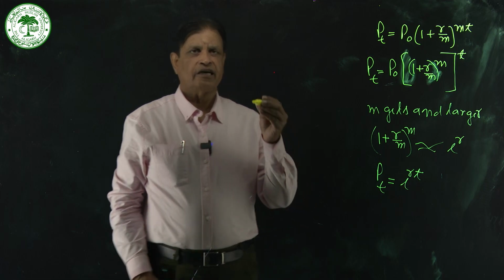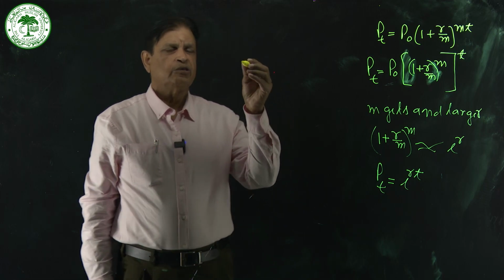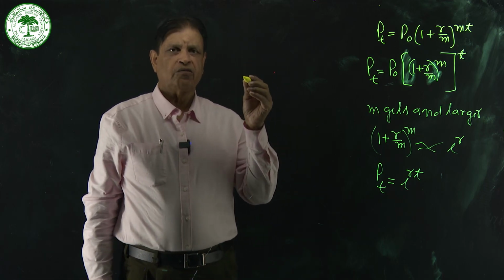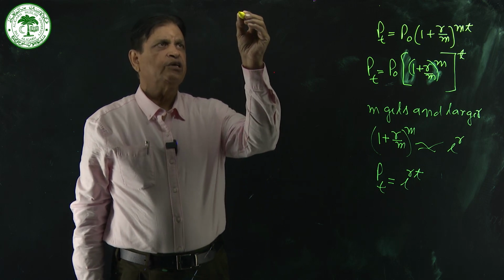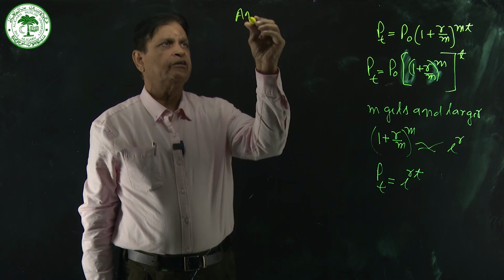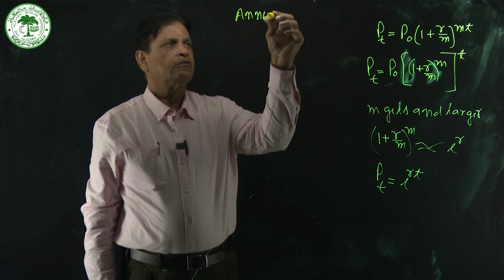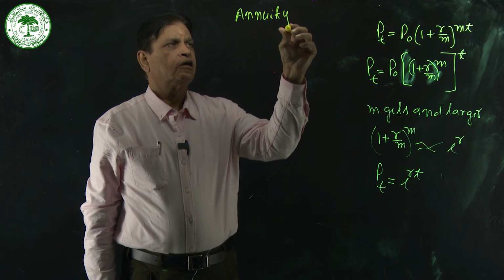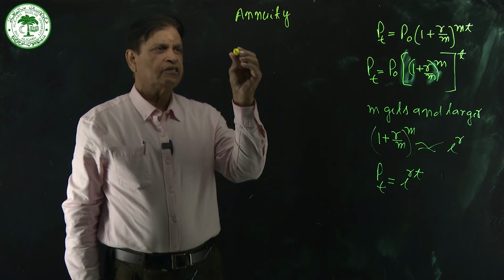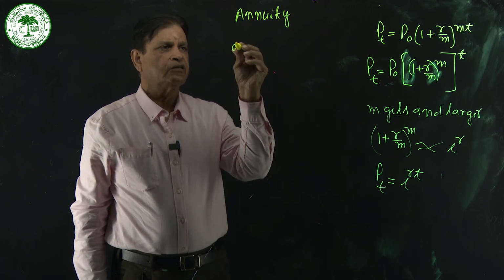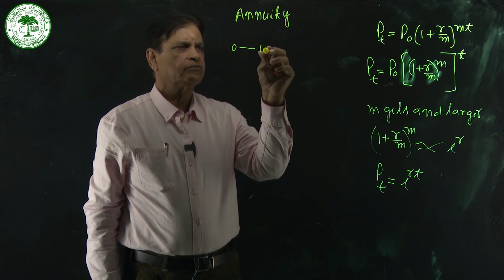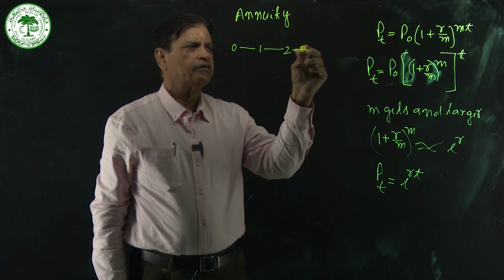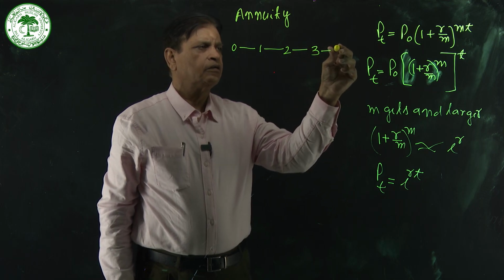Let us take an example. Suppose we deposit equal amount at equal interval for 4 years. Let me write here annuity first. So this is the year, that is 0, first year, second year, third year, and 4th year.